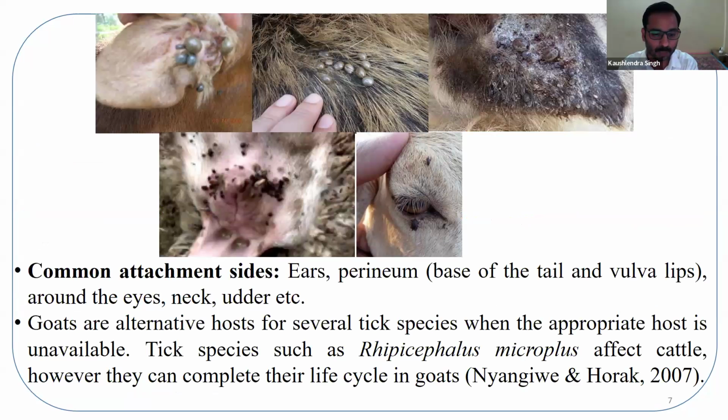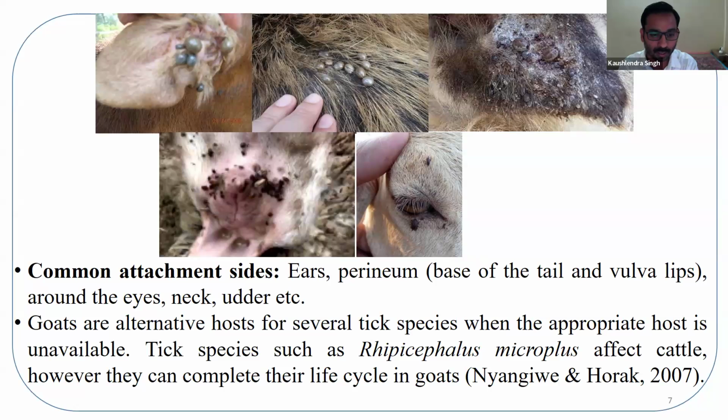Come to the common attachment sites. Ticks prefer to attach to areas of the animal's body where the skin is thin and soft and the area is rich in blood supply, for example, the ears, perineum region, around the eyes, neck, udder, etc. These spots also provide easy access to blood and some protection from the animal's grooming behavior.